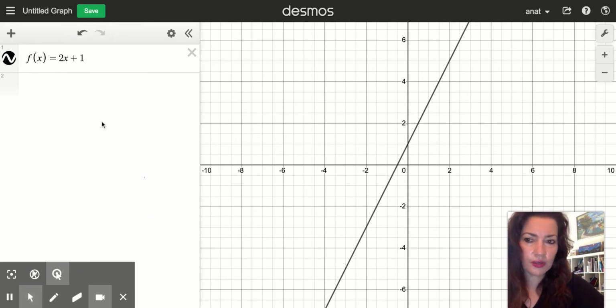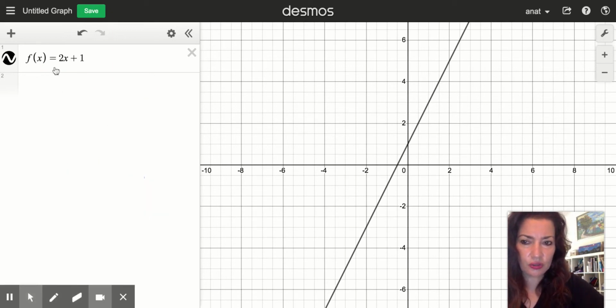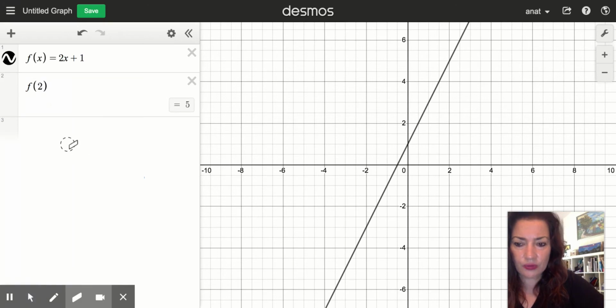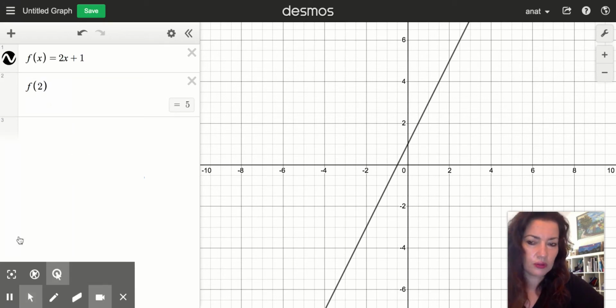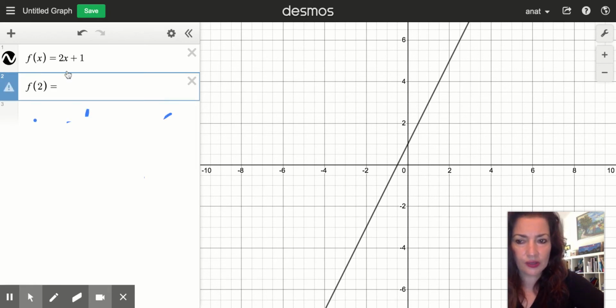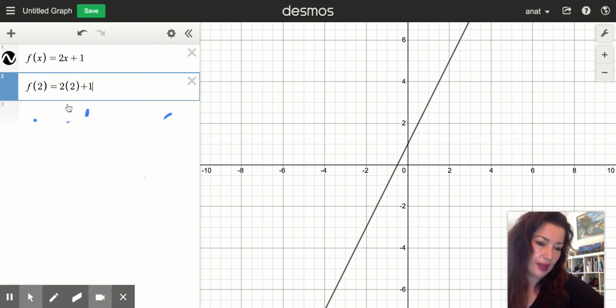All right, so looking at the equation f of x equals 2x plus 1, what if we wanted to input the value 2? What would it mean to find f of 2? Well, f of 2 means input the value 2 for x. So that is actually 2 times 2 plus 1. And then we would evaluate what 2 times 2 plus 1 is.